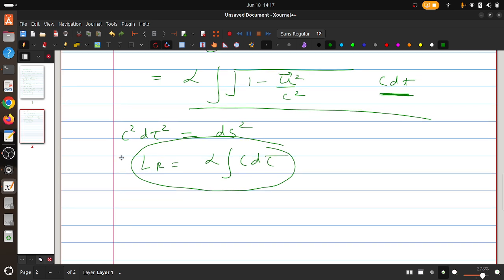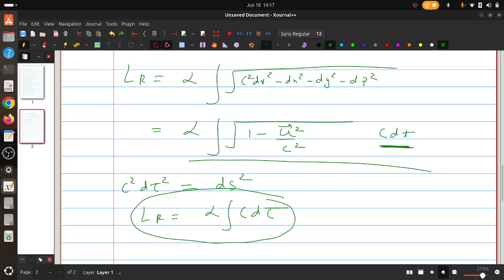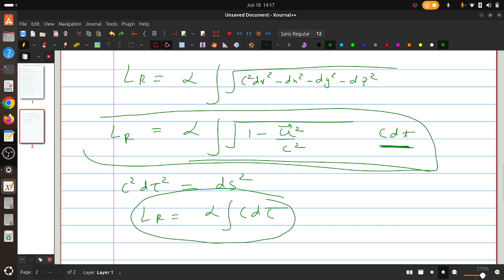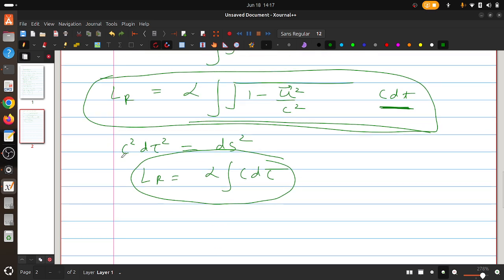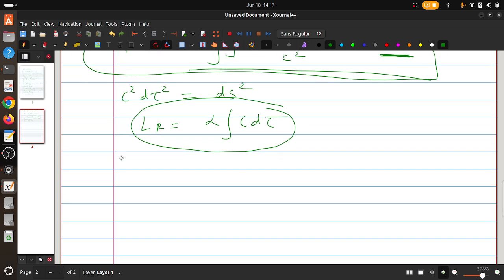Okay, so now we proceed from this equation here, the relativistic Lagrangian. Now we do not know what alpha exactly is, so we have to set up alpha, so we have to calculate alpha.